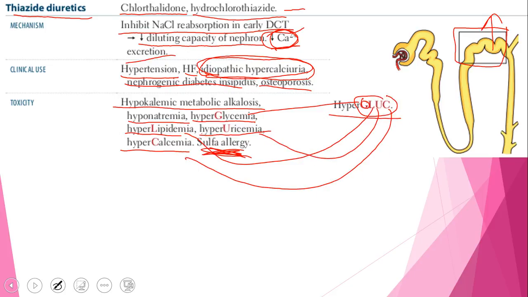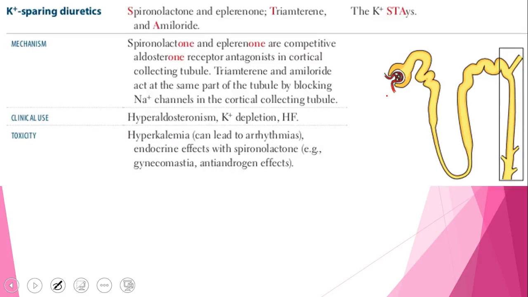Hypergluc, okay, whatever. All right, so potassium-sparing diuretics. These are going to have their effects over here on the collecting duct. These are ones that end in -one, like spironolactone and eplerenone, competitive aldosterone receptor antagonists in the cortical collecting tubule. So they antagonize aldosterone.